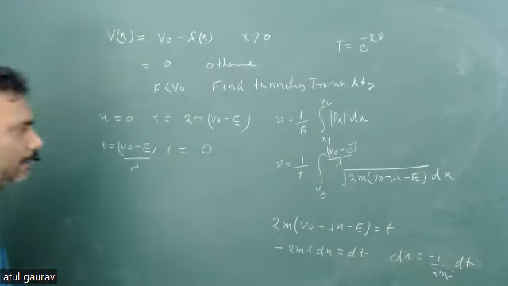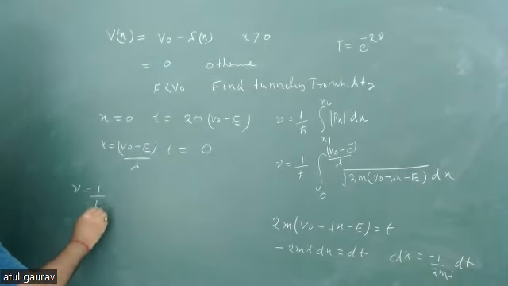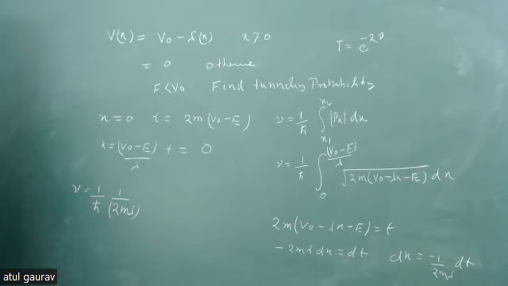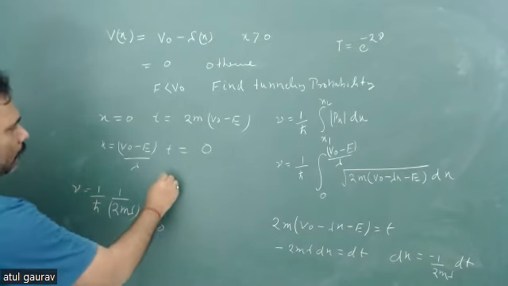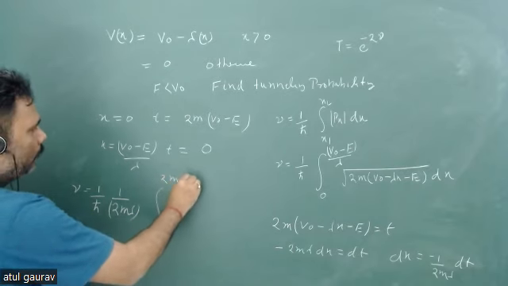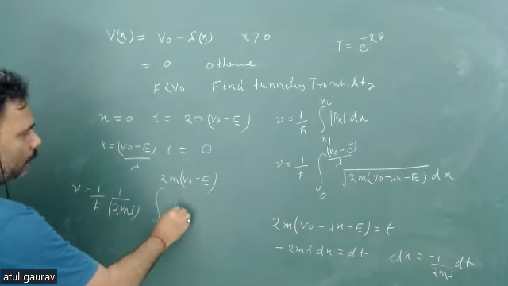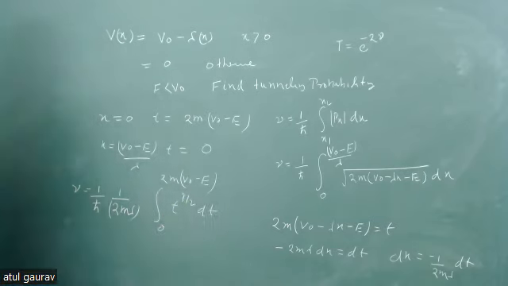So I can write this gamma is equal to 1 upon h cut, 1 upon 2m lambda, integral from 0 to 2m(V naught minus E), and this value is equal to t to the power half dt.